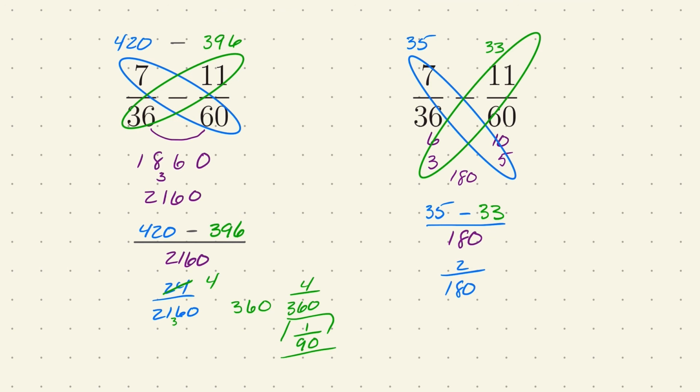So I know I can do that. So when I reduce this, it gives me 2 goes into 2 one time, and 2 goes into 180 90 times. So my reduced fraction is 1/90. So 7/36 minus 11/60 becomes 1/90. But I hope this makes sense.